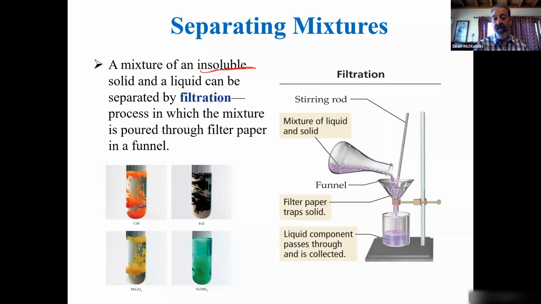When I pour this solution, or actually this mixture, it's a heterogeneous mixture, and it would be a suspension. I can pour this suspension through the filter paper, and because the solid's big enough, it will stay trapped in the filter paper, and then the liquid will pour through. So that is a separation technique for mixtures.